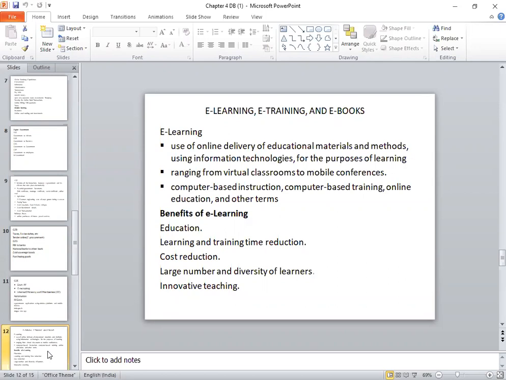They conduct the exams through the online mode. They get the certificates as certified trainers also. So here large numbers and a diverse pool of learners are there.